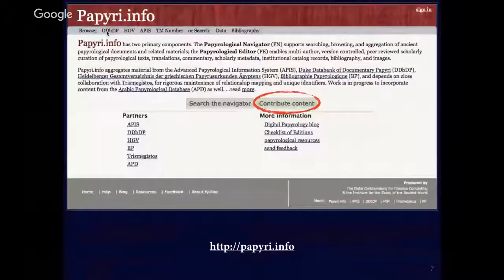This model of collaborative editing, in part born out of the need for a sustainable way to maintain and update the database in the long term, has proved to be a new model of scholarly editing where the curation of a resource is distributed across a broader set of scholars, that is, anyone who is interested to participate.